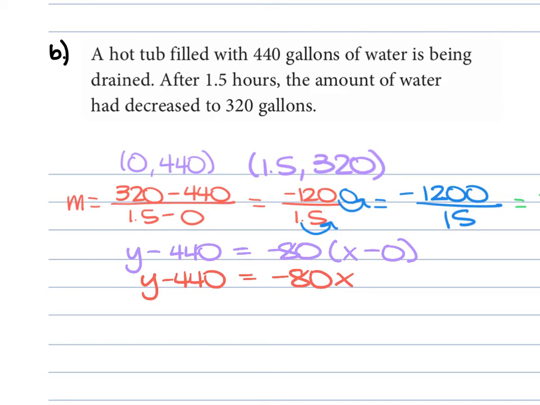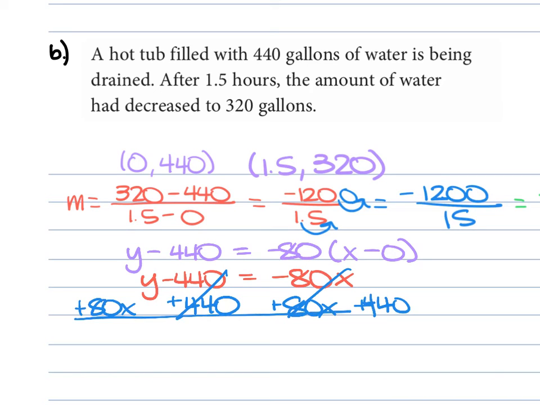Then we're going to get the 80x over with the y to make it positive, and move the negative 440 over by adding it. Put it out front. We're going to have 80x plus y is equal to 440.